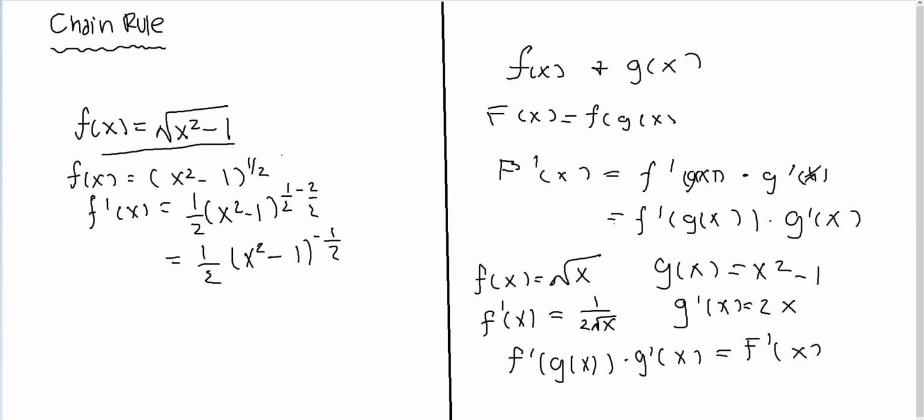So that is 2x over 2 square root of x squared minus 1, which gives 1 over the square root of x squared minus 1. And that is the correct derivative of the function.